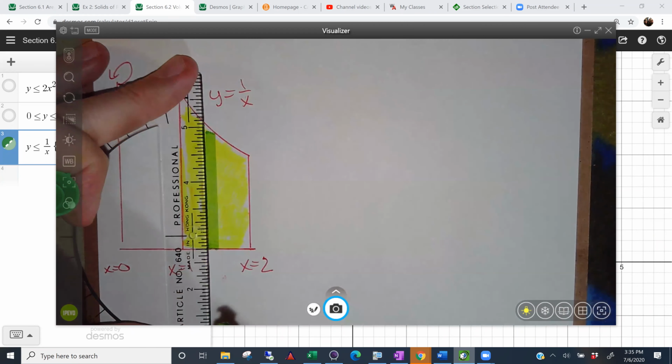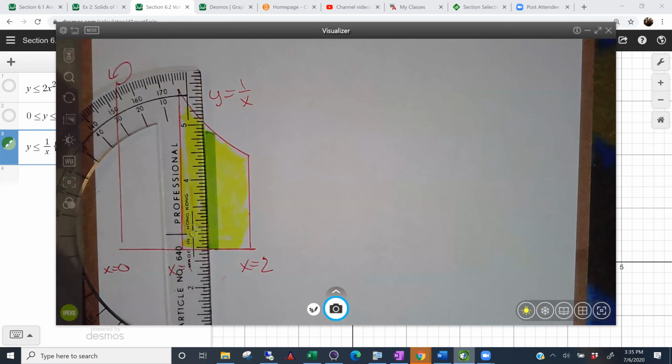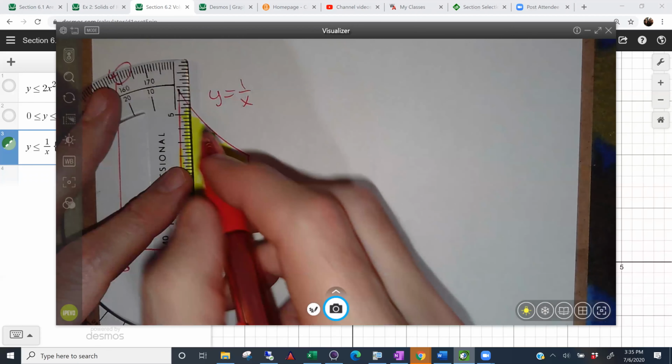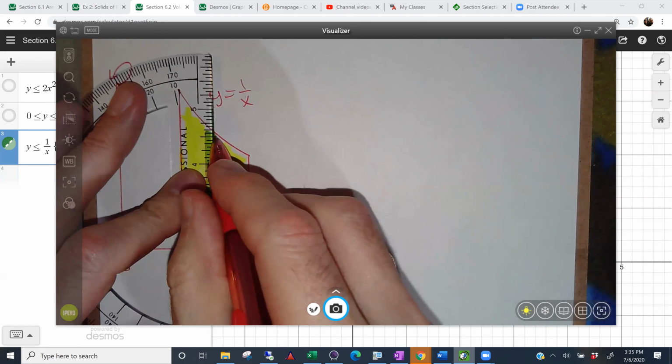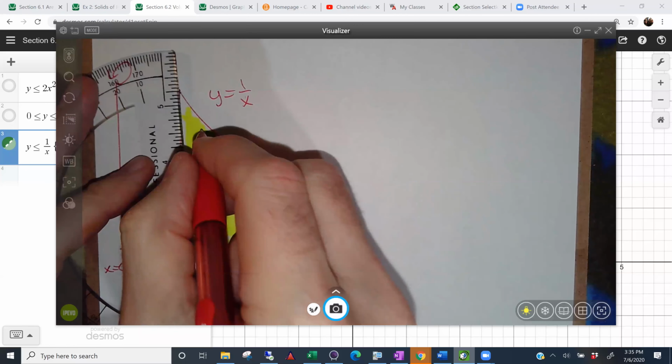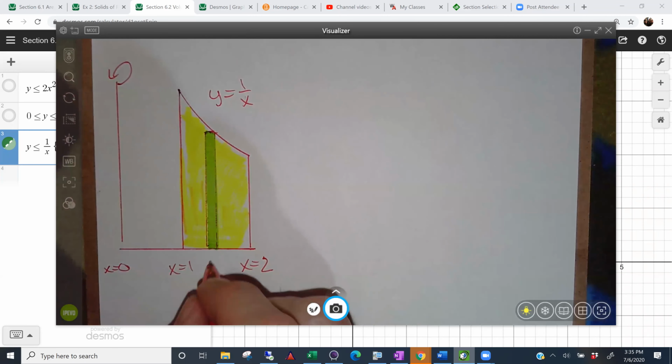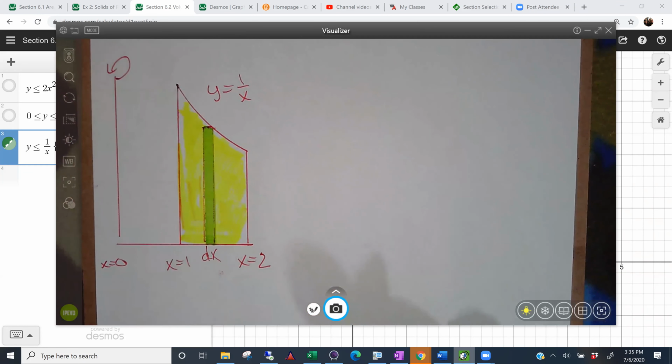And the nice thing is that I don't have to set up 2 different regions here. It's just the same dx slice no matter where I take it. So, all right, let's draw that in. So it's going to be your dx right there. And we're going to need a few things. Let's figure out the volume of one shell.